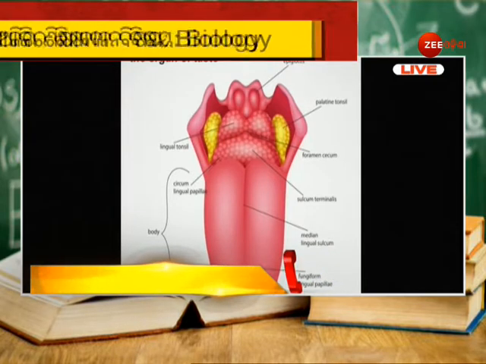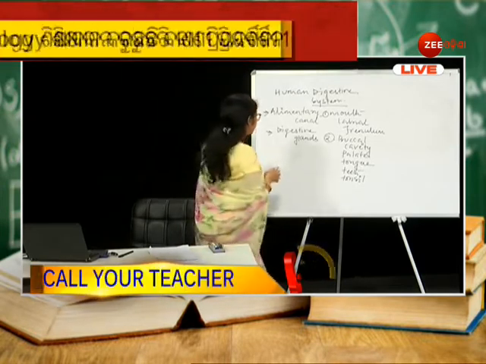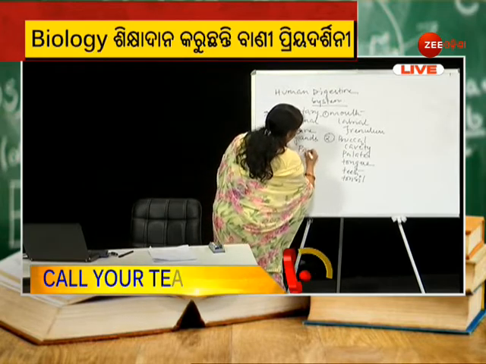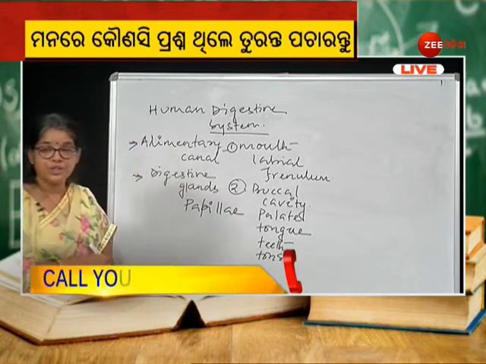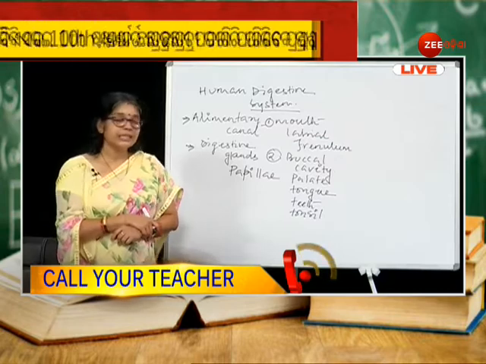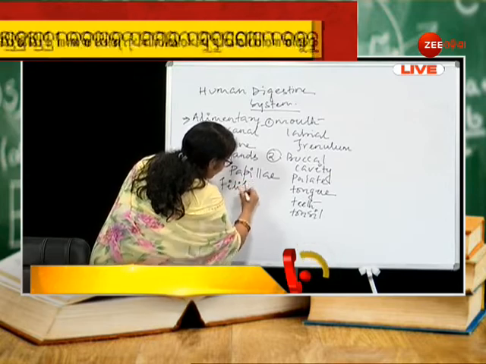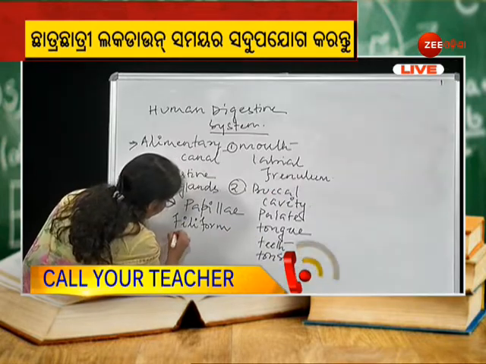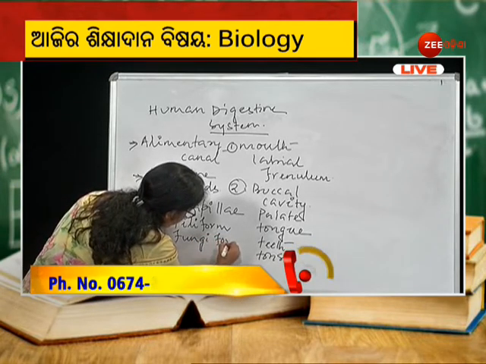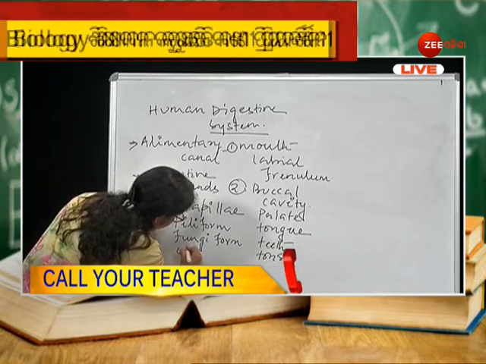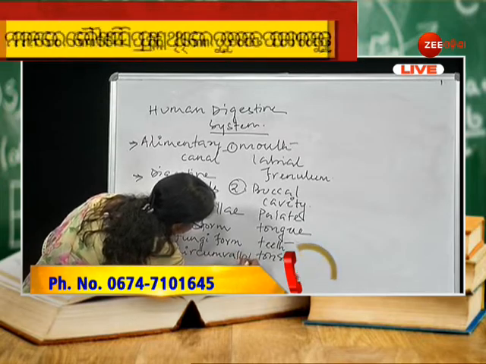and those elevations which are present on the surface of the tongue are known as papillae, and the papillae come along with a number of taste buds. So mainly in the case of humans, the papillae which are present are filiform, fungiform, and circumvallate.